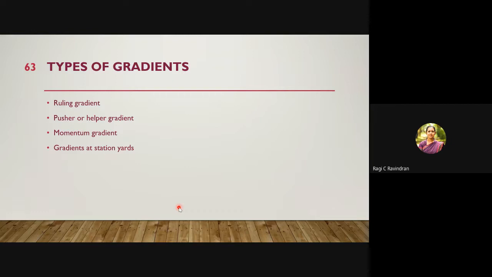The four types of gradients that we provide in a railway track are rolling gradient, pusher or helper gradient, then momentum gradient, and finally gradients at station yards. These are the various types of gradients, and the explanation of this will be given in the next class.